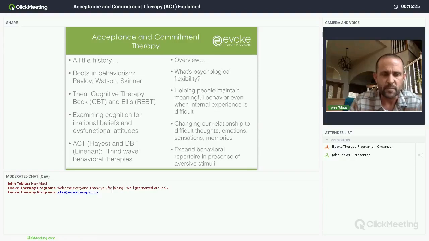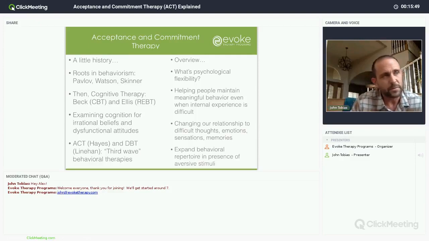Skinner. And behaviorism really was paramount in the treatment world from about the 1940s, very strong in the 50s, started before the 40s, started in the 30s, and maybe even the 20s, I'm not sure. And Skinner was writing into the 1960s.